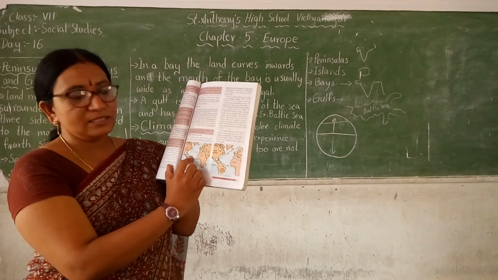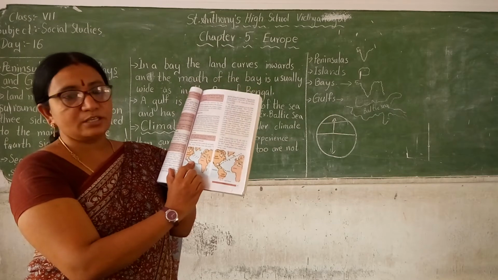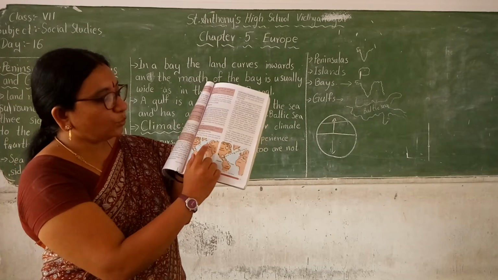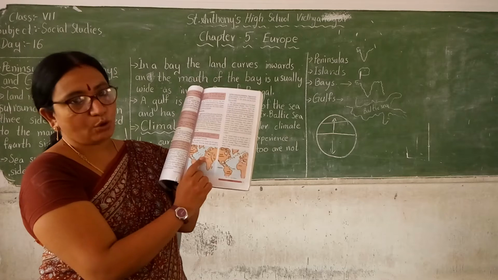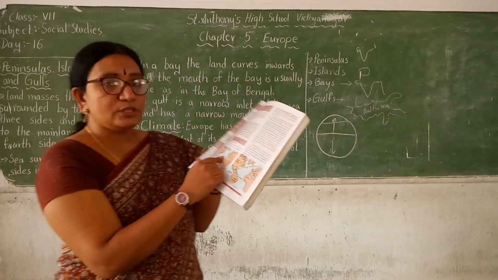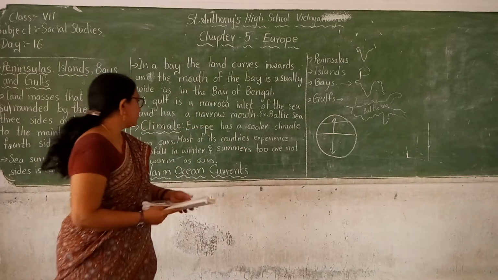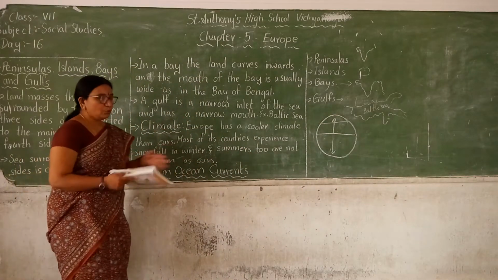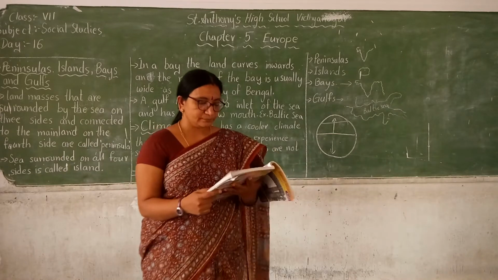The warm currents which move from the equator to the northern parts move towards the west of Europe. So these warm currents are responsible for the warmth of the climate in Europe in the summer.